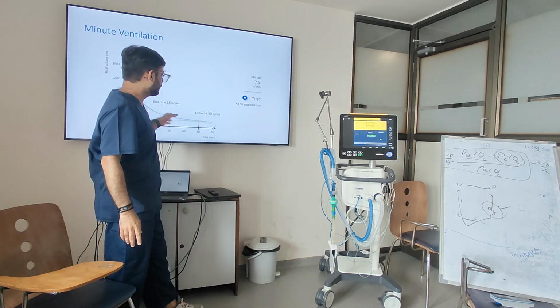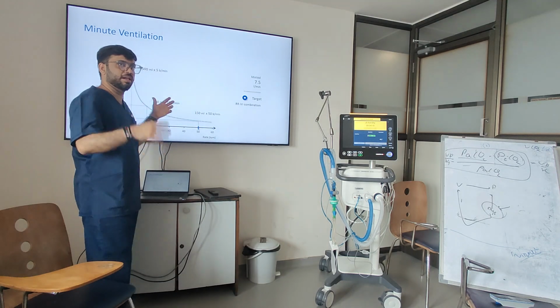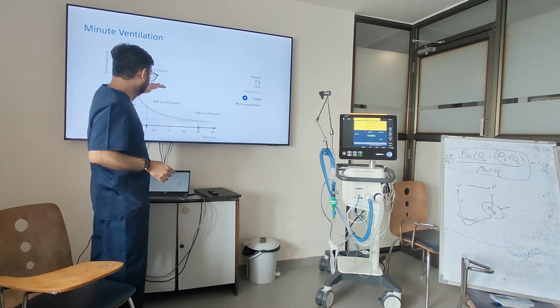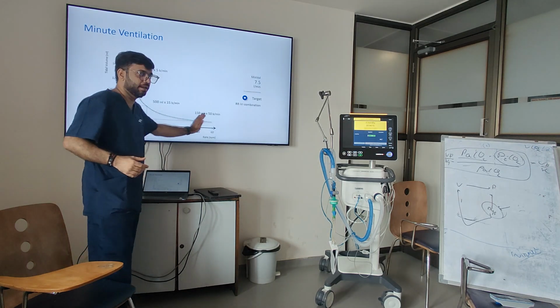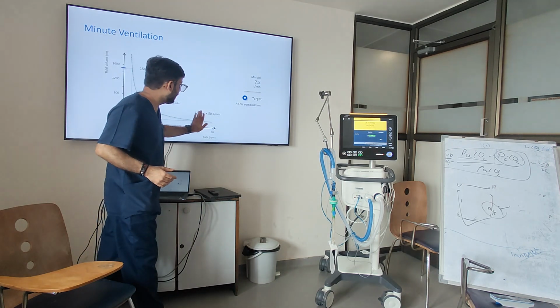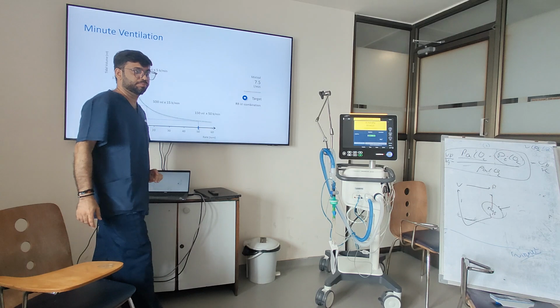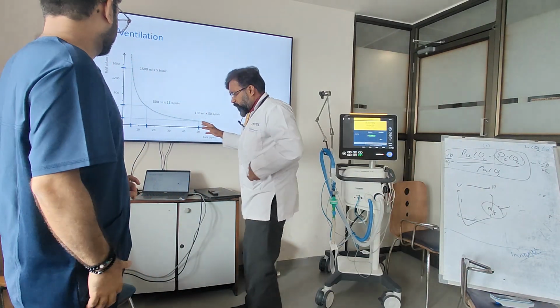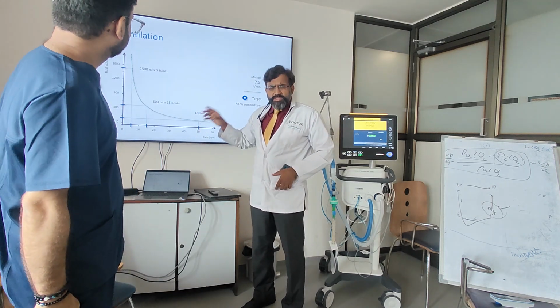So if you have a patient with, say, ARDS and the machine analyzes that the patient requires less volume, it will give you less volume and a higher rate. So ultimately it can give as low as 150. No, let me explain this better. This graph is called, I forgot the name of the graph. It's not the ASV graph.